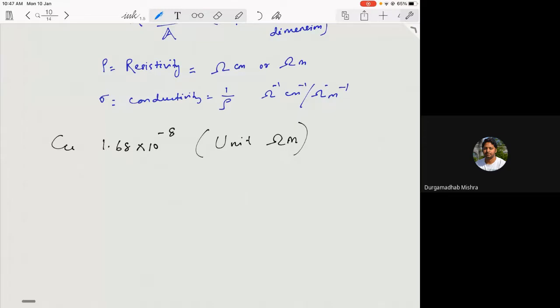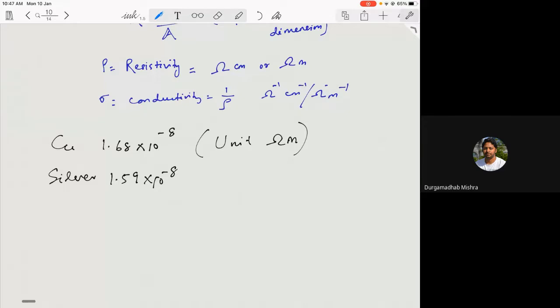If you take silver, silver has a resistivity lower than copper, so better conductivity. Silver is a better conductor.